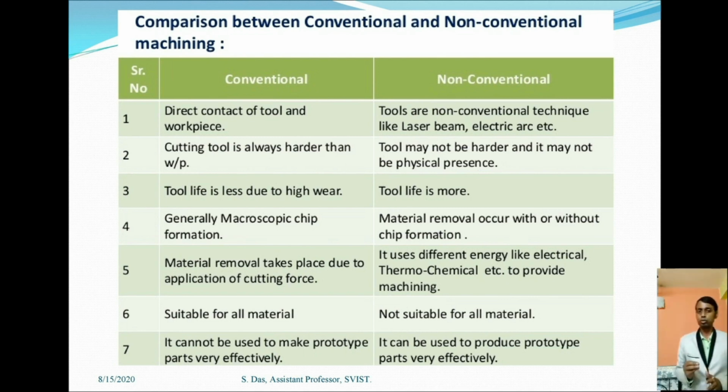Conventional machining is suitable for all materials, but non-conventional machining is not suitable for all materials. Last one: in conventional machining, complex shapes cannot be generated, but in non-conventional machining, we can always generate any kind of complex shape.